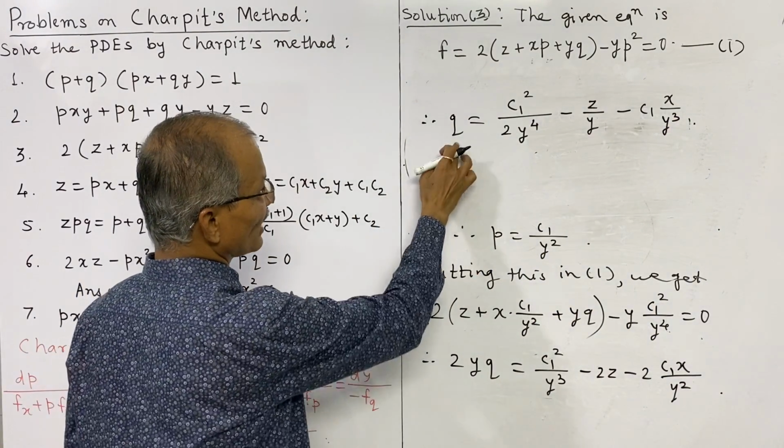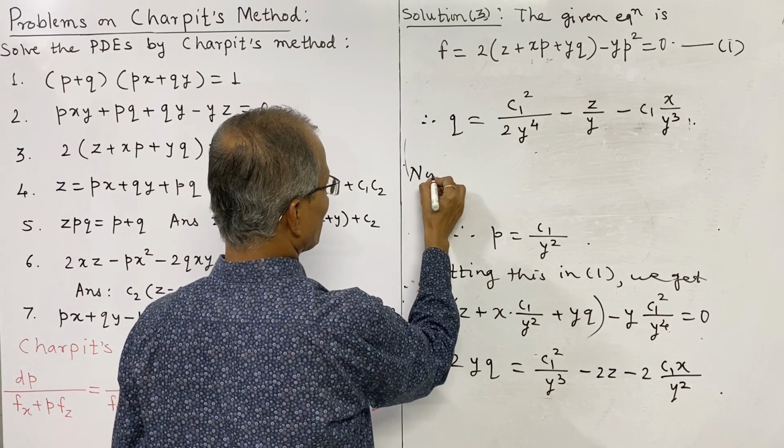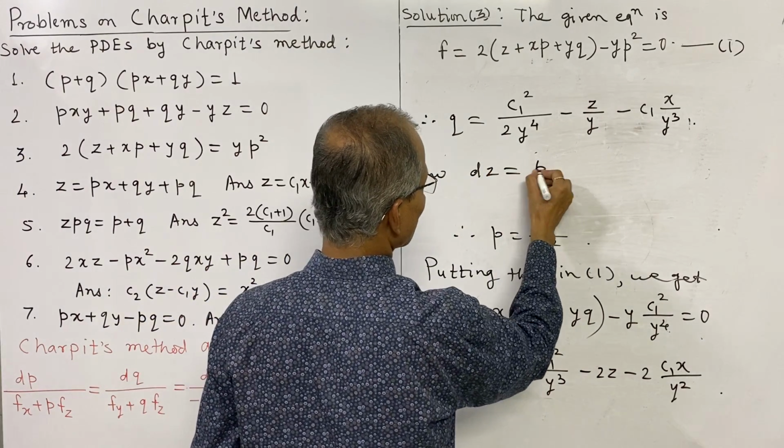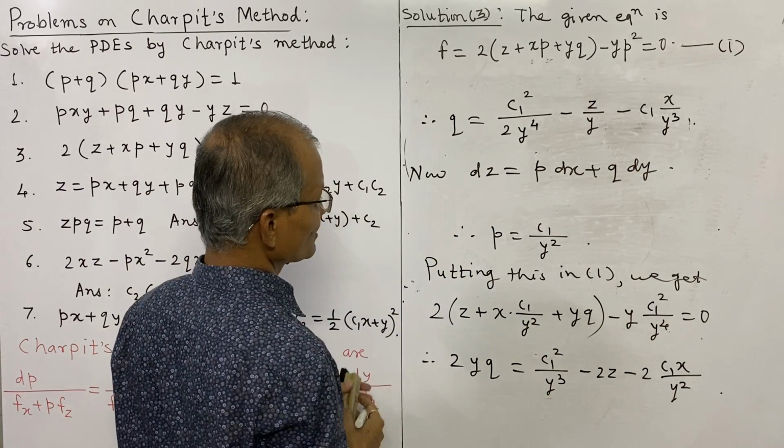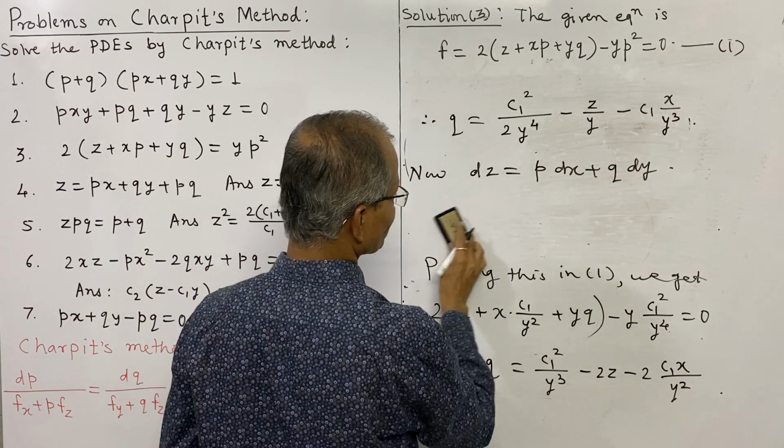Now put the value of p and q in the dz equation. What is the total differential of z? p into dx plus q into dy. And what is p? c1 upon y square.